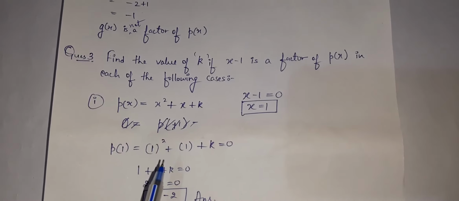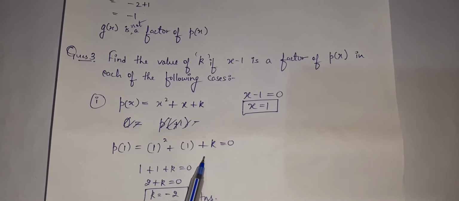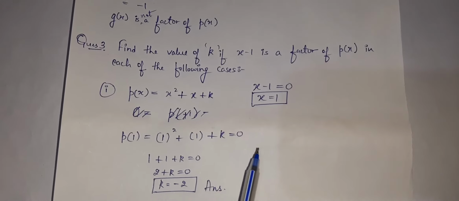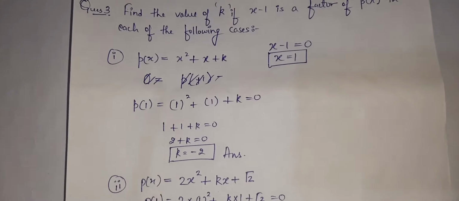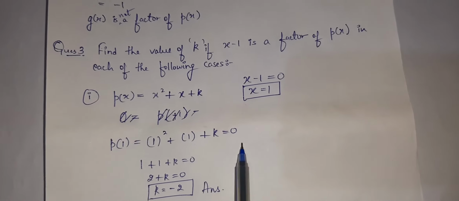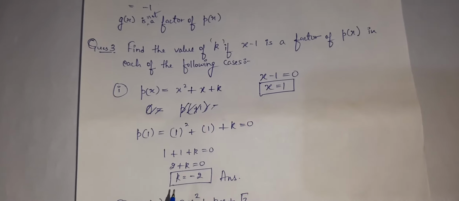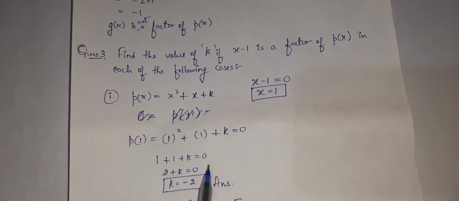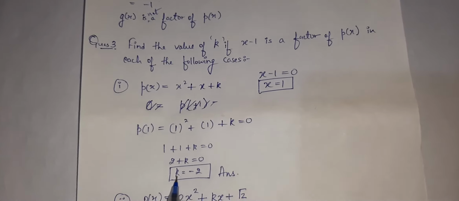I've done it. 1 squared plus 1 plus k. We have put this polynomial equal to 0 because we have to take out the value of k. If we want to take out the value of k, we have to put this polynomial equal to 0. Got it? 1 plus 1 plus k is equal to 0, 2 plus k is equal to 0, k is equal to minus 2. The value of k.